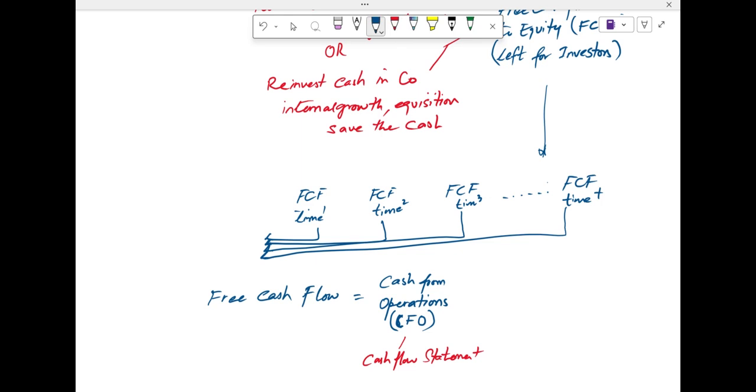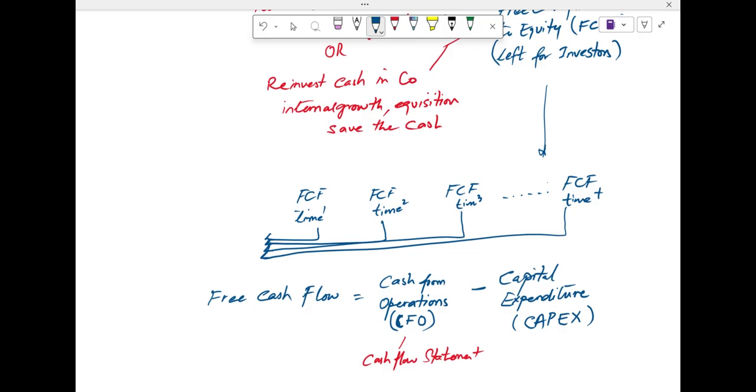So once we have the cash flow from operations, we will subtract the capital expenditure, which is referred to as CAPEX.